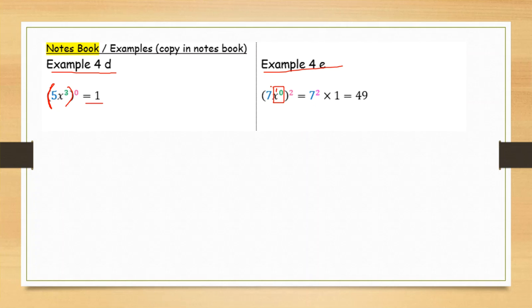The other way to think about it is to square this part and square this part. 0 times 2 is 0. So that's why this part's 1. x to the 0 equals 1. All up, 7 squared is 49. So the answer is 49.